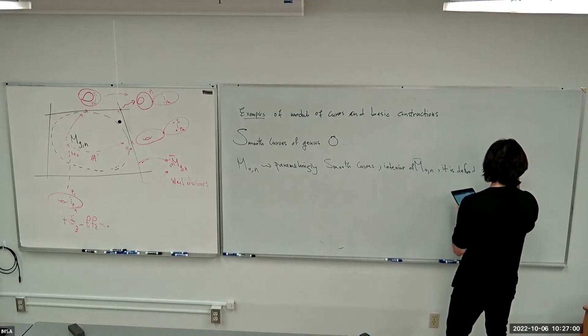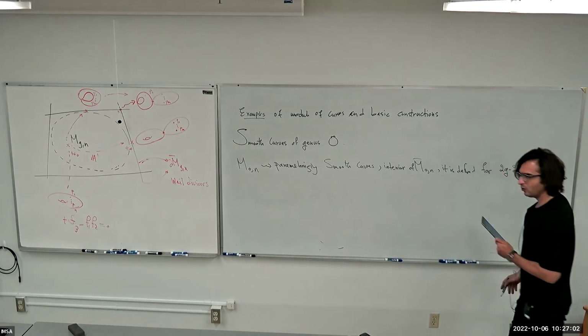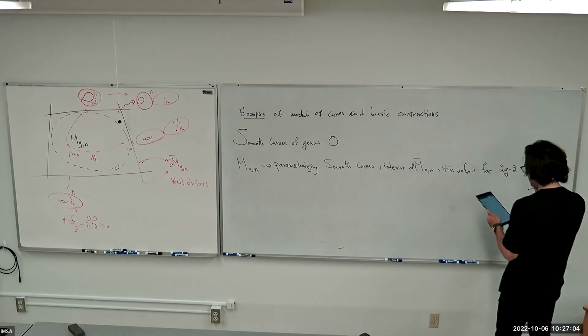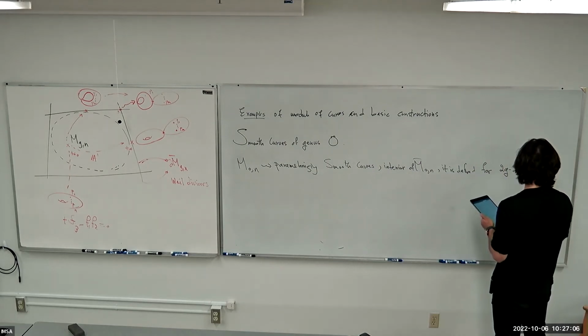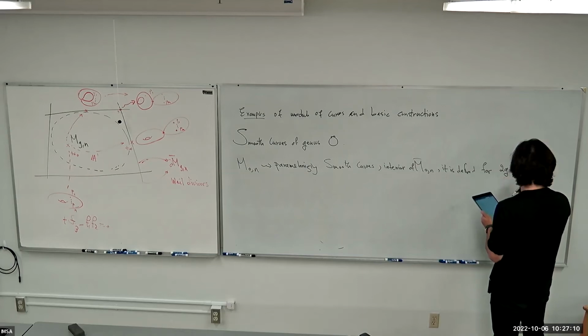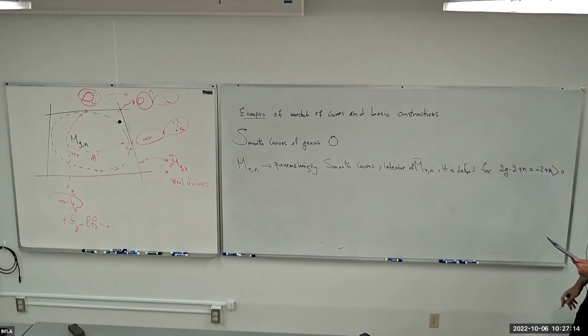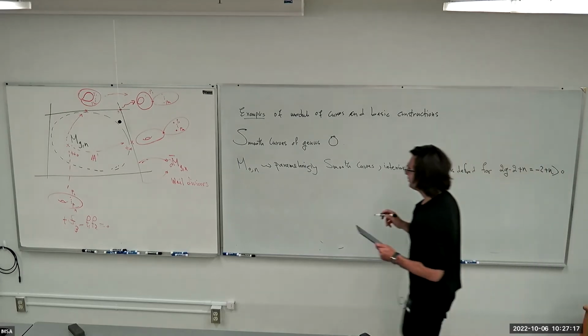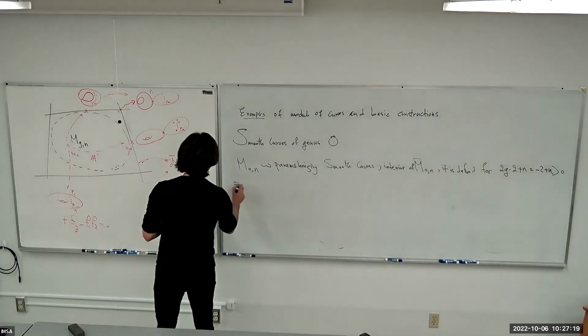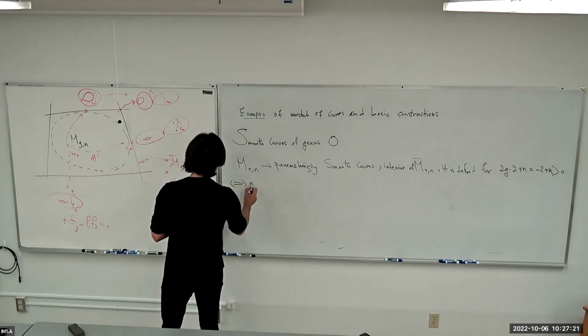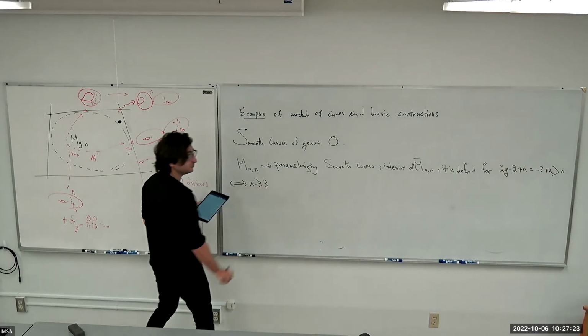for, okay, so 2g minus 2. The theorem tells us that this is only non-empty if 2g minus 2 plus n is bigger than 0. So 2g, this is 0, minus 2 plus n bigger than 0. So that means n needs to be bigger than or equal to 3.